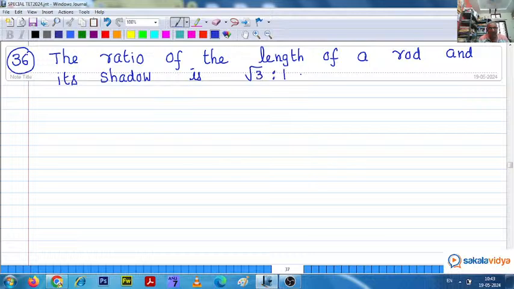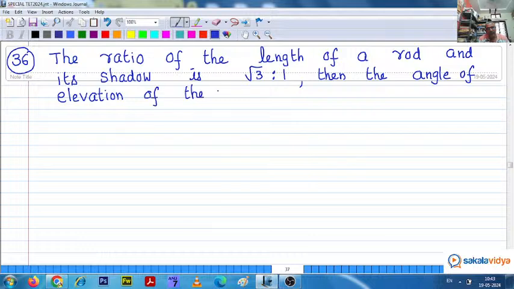Then the angle of elevation of the sun is, this is also called the altitude of the sun at that time.